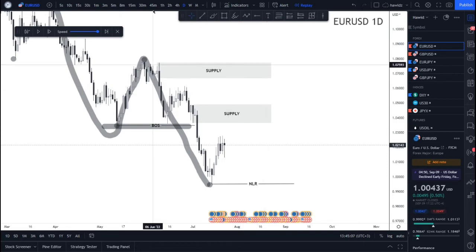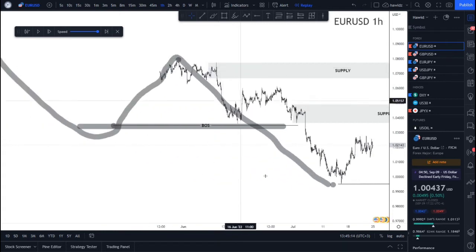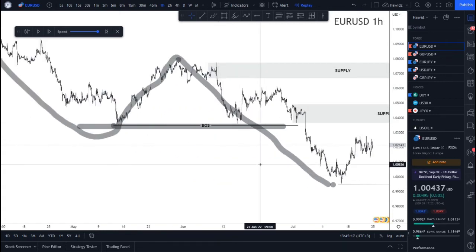So this comes to the section of multi-time frame analysis, because it's what we've been speaking about. From this area here, we know that EUR/USD is bearish. It's generally bearish, that's the overall move we're expecting from the high time frames.